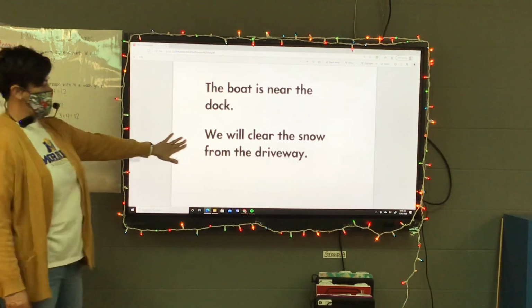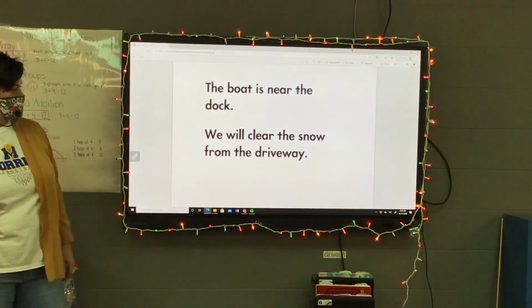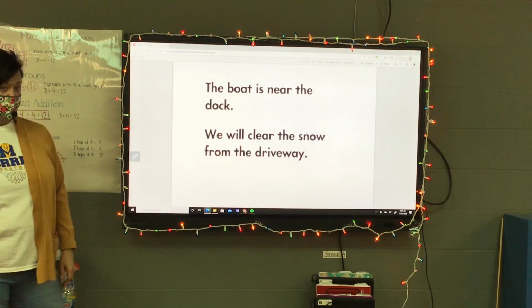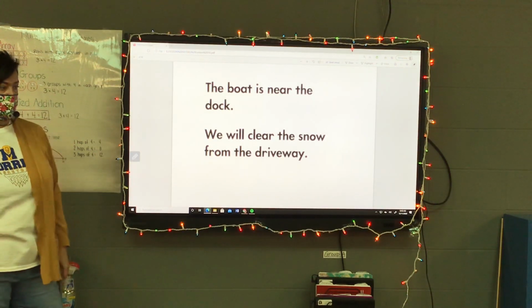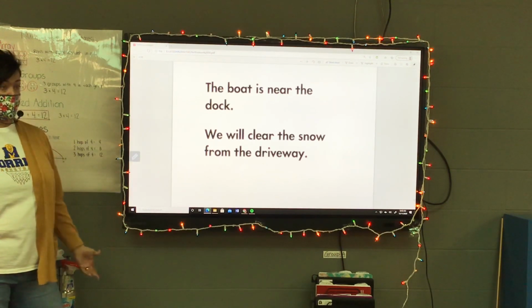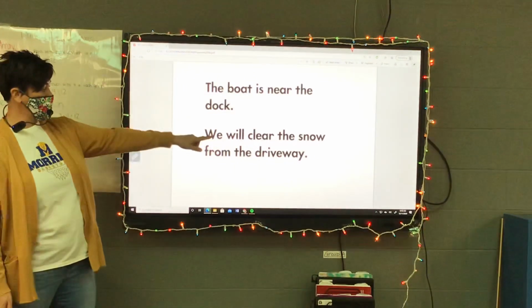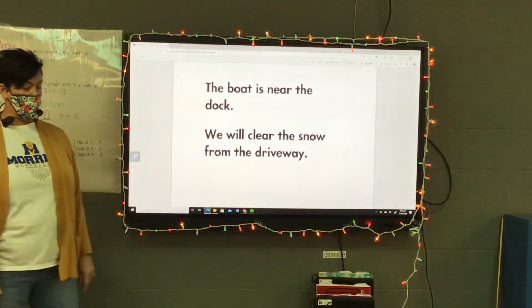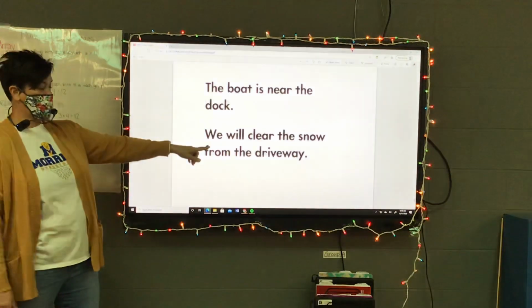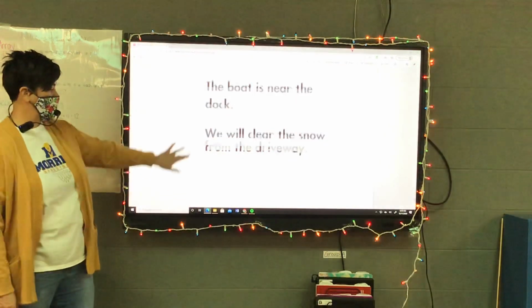Read this one to yourself. Read it again. Let's read it together. We will clear the snow from the driveway. One more time, together fluently. We will clear the snow from the driveway.